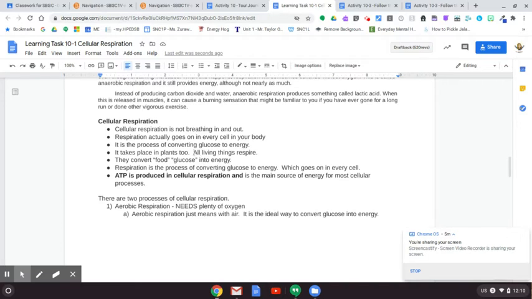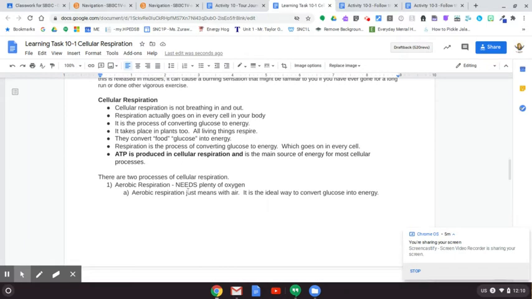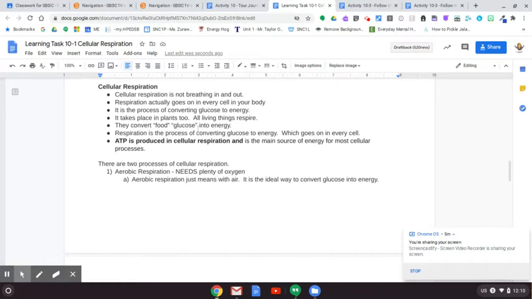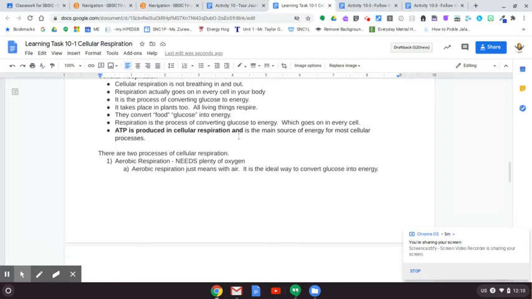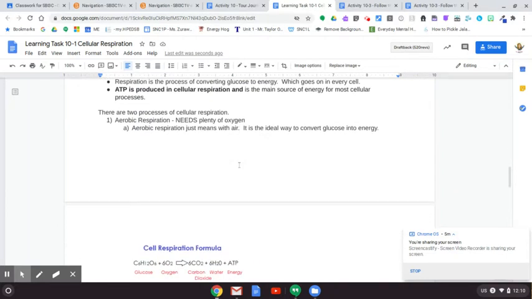It is taking the glucose and converting it to energy. It also takes place in plants. Okay, so what else? ATP is what's produced. And if you watch some of those videos in the content area, it's going to talk about that specifically. ATP is the main source of energy for cellular processes.